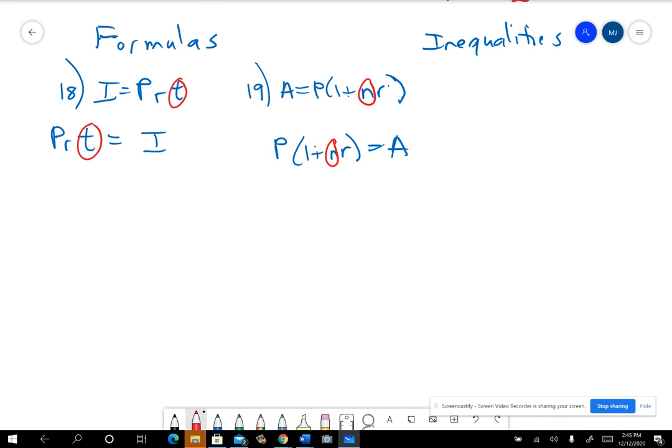All right, so let's go ahead and finish 18. So we're looking at how P and R are both multiplied by T. So I'm going to divide by PR on both sides. Okay. When I do, the P's and the R's are going to cancel, and I'll have T equals I over PR. Remember to watch the capitalization. It needs to be capital I, capital P, but lowercase r.